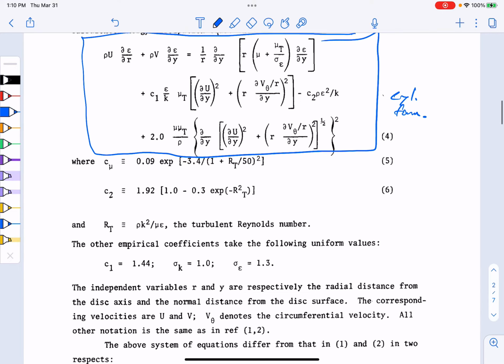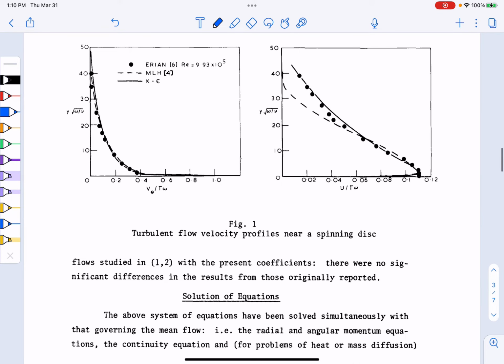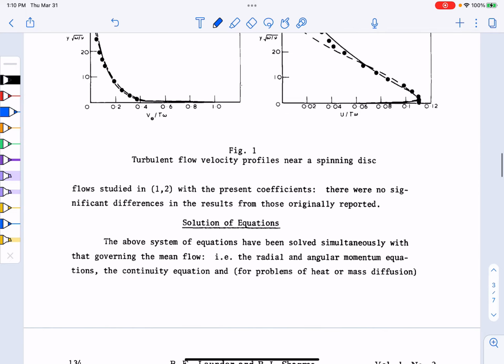And just for fun, just real quick, let's go down and look at some of the results. This is the radial position versus velocity on this spinning disk. And they have their predictions with measurements at Reynolds number 9.93 times 10 to the fifth.